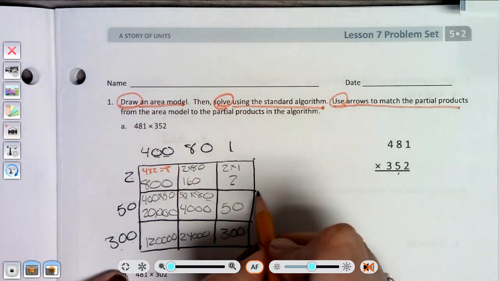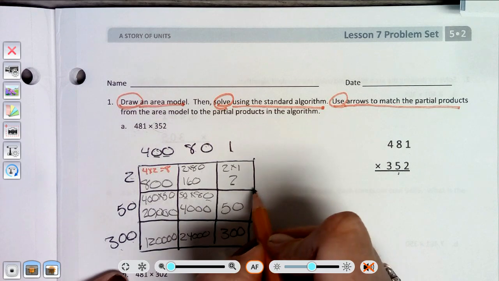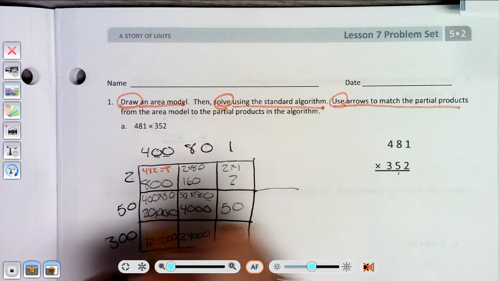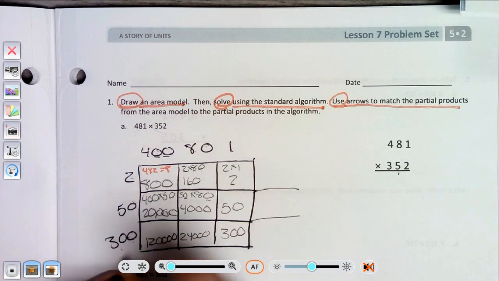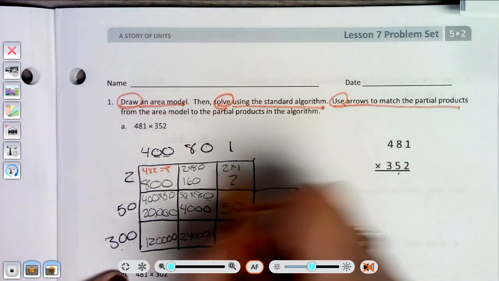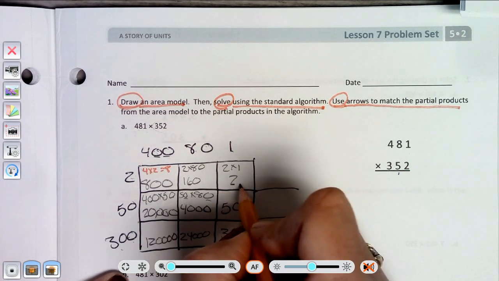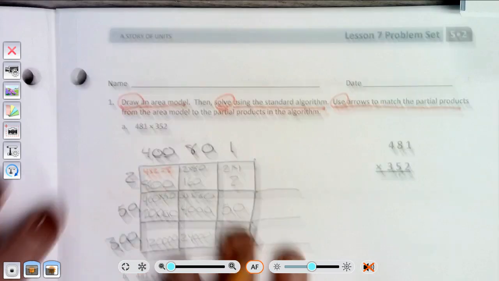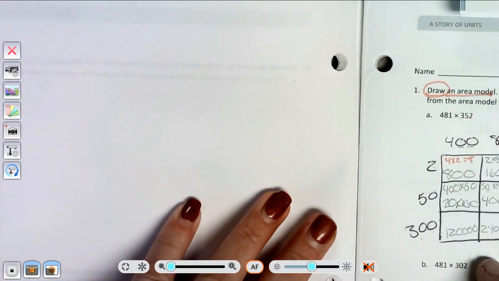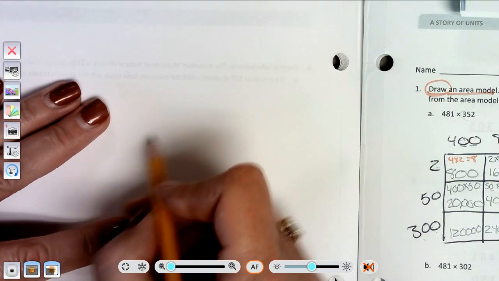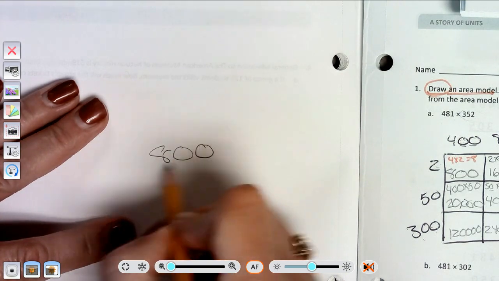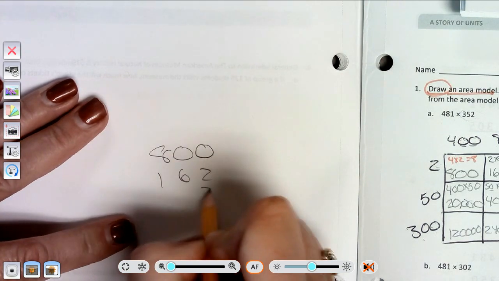Okay, now here's where the partial products go. For partial products, I'm going to add together all the ones place, all the tens place, all the hundreds place. So 800 plus 160 plus 2. And you have this whole side this way, right? So we have 800 plus 160 plus 2.